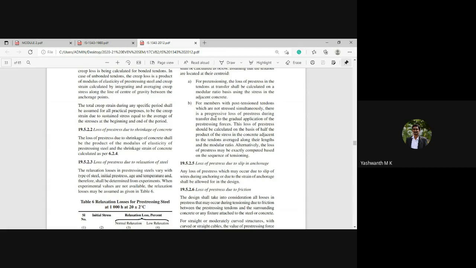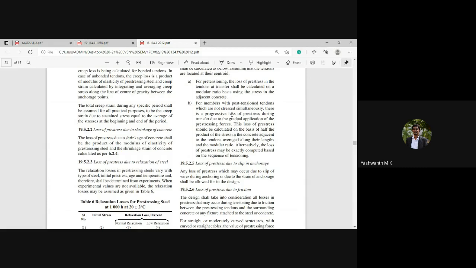What about post-tensioning? As I stated, you need to be very careful regarding post-tensioning. For members with post-tensioned tendons which are not stressed simultaneously, there is a progressive loss of pre-stress due to transfer, due to the gradual application of the forces. This loss of pre-stress can be calculated on the basis of the product of the stress in the concrete adjacent to the tendon, averaged along its length, and the modular ratio.